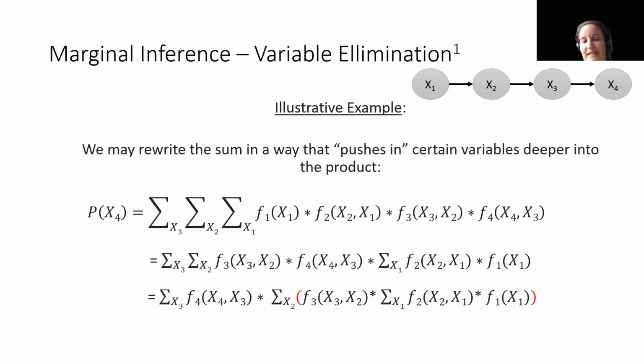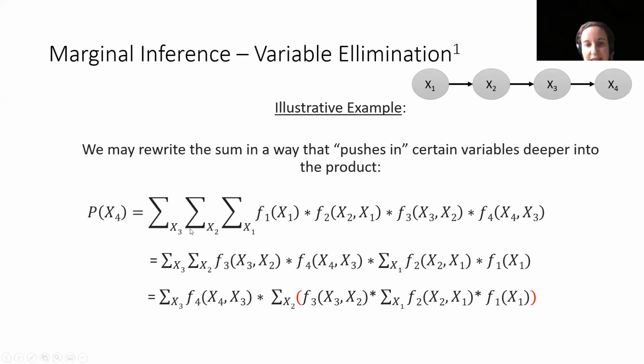And an alternative way is that we try to rewrite it in such a way that it pushes certain variables deeper into the product. What we mean by pushes is that we try to see whether we can marginalize one variable independent of the other variables.